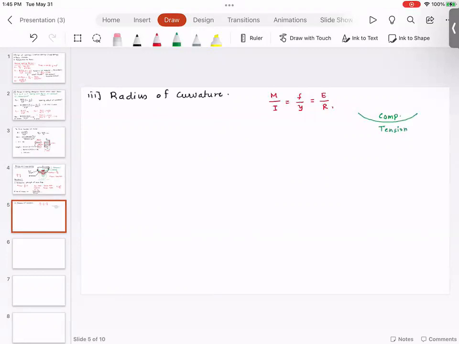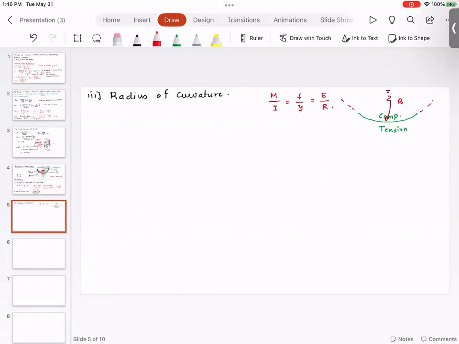The other thing that's going to happen is this beam is going to curve, and this radius of curvature is given by R. So whenever you are trying to design, there are two components to design, and I want you to think about this equation a little bit carefully.